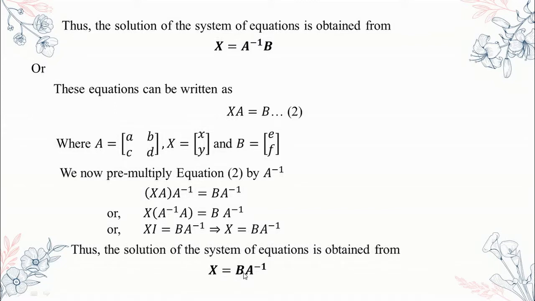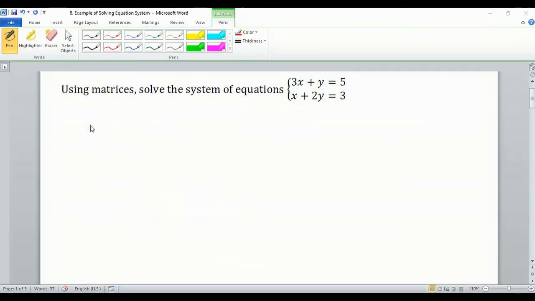Without further ado, let's jump to the example. Using matrices, solve the system of equations 3x plus y equal 5, x plus 2y equal 3. From here, we have matrix A equal to 3, 1, 1, 2.